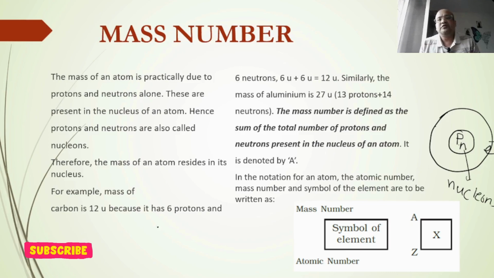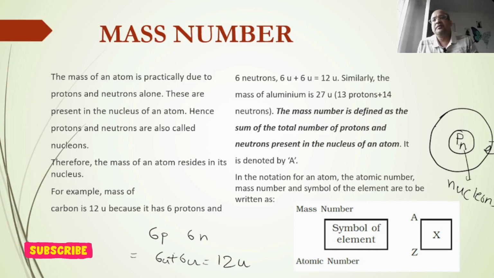For example, in carbon there are 6 protons and 6 neutrons. So 6 plus 6, the mass is 12 atomic mass units.